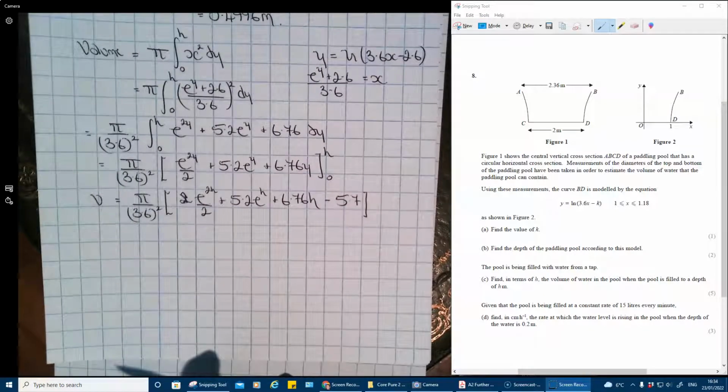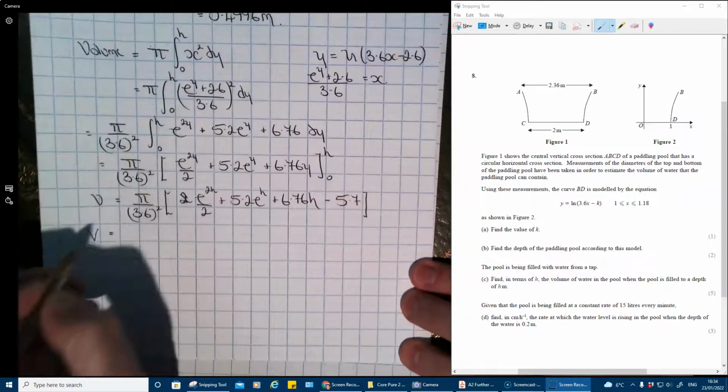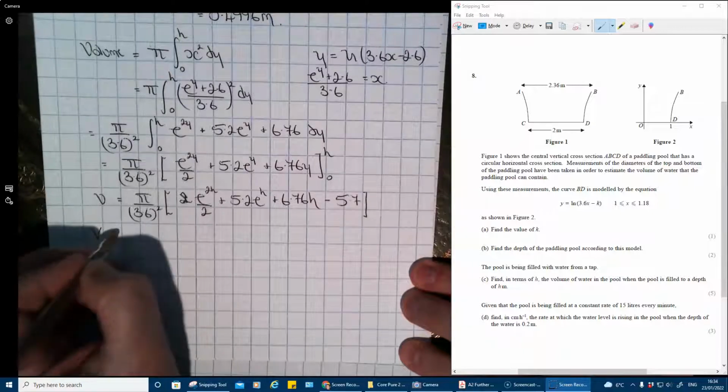Okay, now we've got to find the rate at which the water level is rising. We want the rate in centimetres per hour. Now at the moment we've got volume, which is in cubic meters.